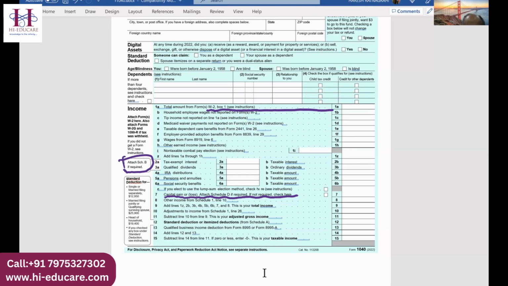Then you can see the adjustment to income from Schedule 1. So basically, once you are done with Schedule 1, which includes your Schedule C, Schedule E, and Schedule F, all these 3 schedules are flowing to Schedule 1, and from Schedule 1 to 1040.